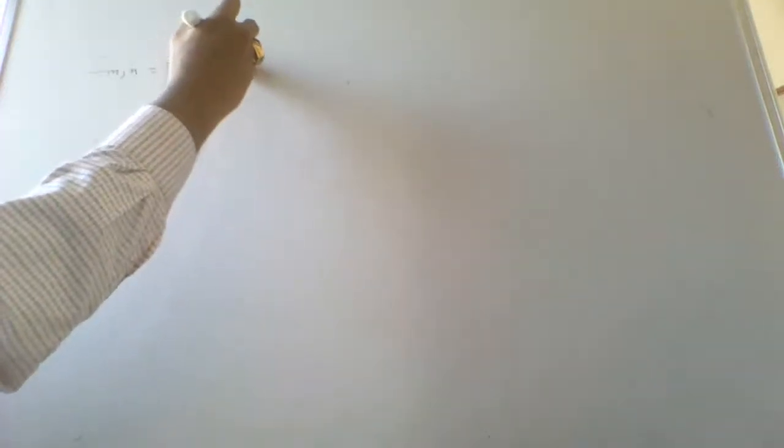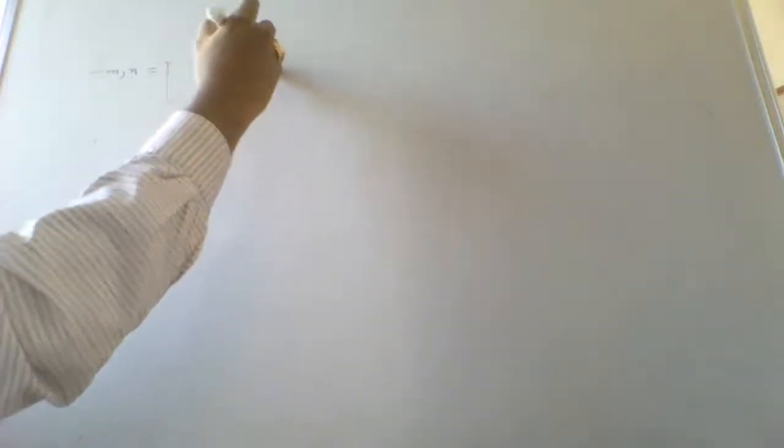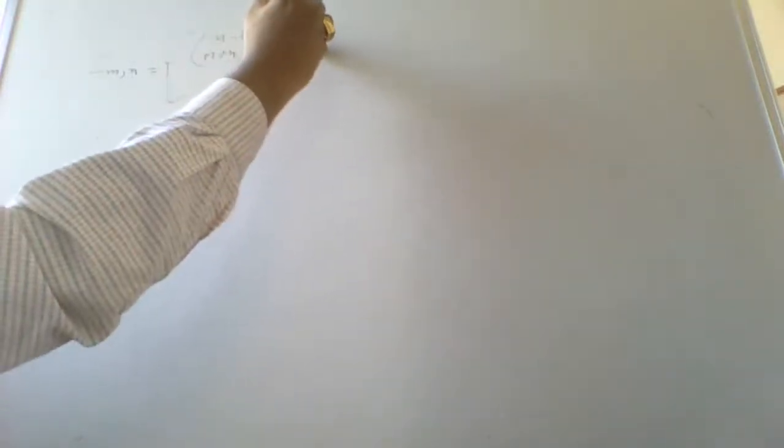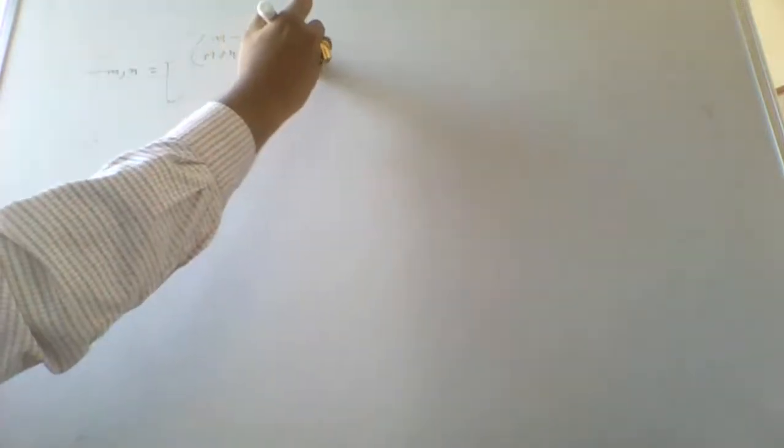That would be m minus 1 divided by m plus n, into m minus 3 divided by m plus n minus 2.